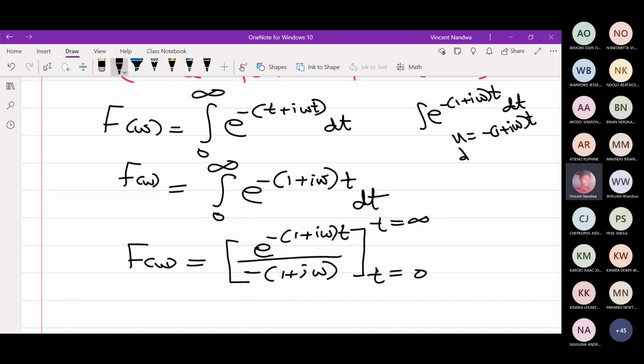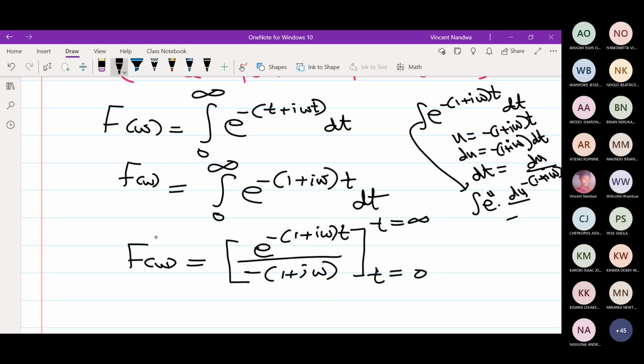Then du will give you negative (1 plus i omega) dt, which means dt will be du over negative of (1 plus i omega). So this will give you e raised power u times dt, which is the same as du over negative (1 plus i omega).